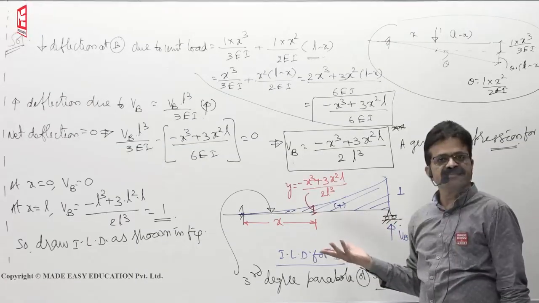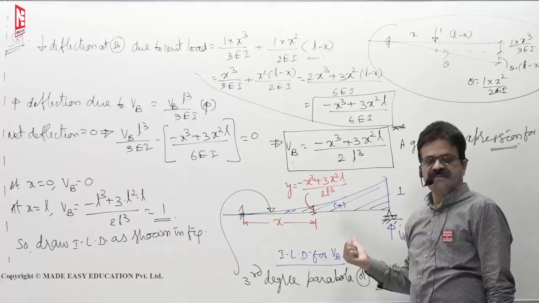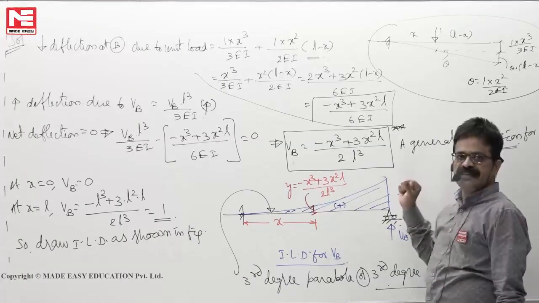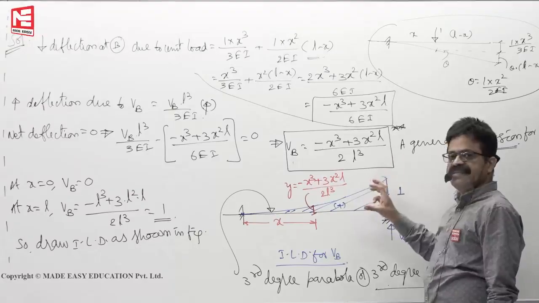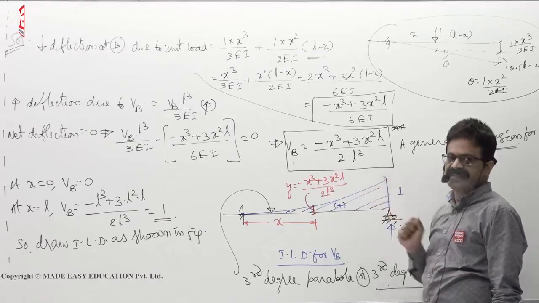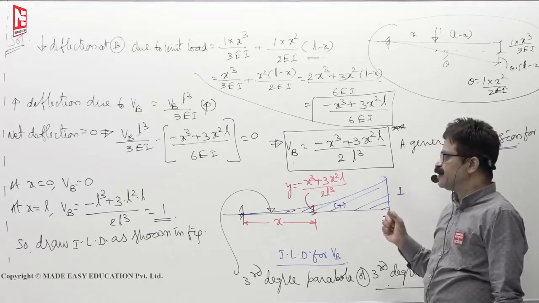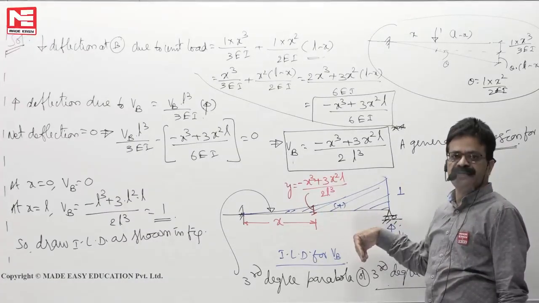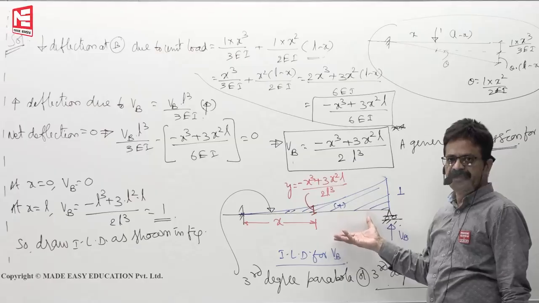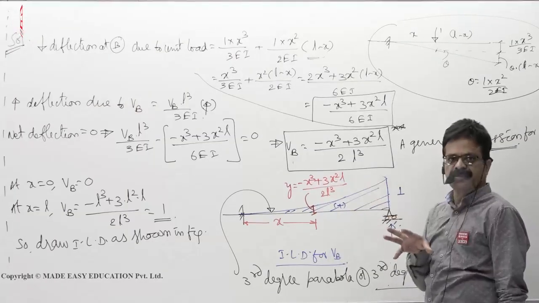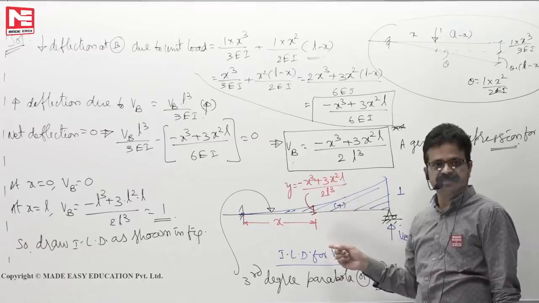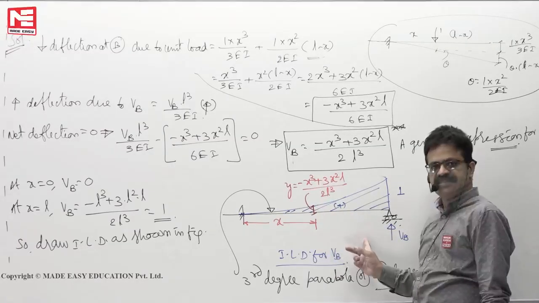How is the deflected shape given by that? The proof comes from Betti's reciprocal work theorem. The reciprocal work theorem deals with two systems of forces. We will see how we apply that reciprocal work theorem. Sir might have told you what the reciprocal work theorem is. From Betti's reciprocal work theorem, this is derived.